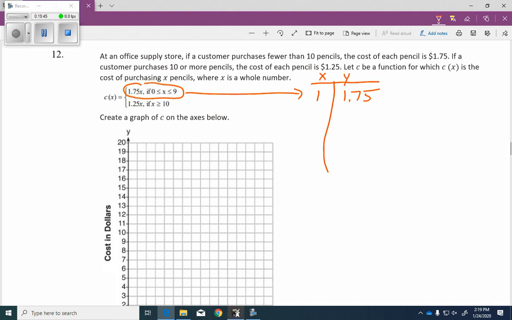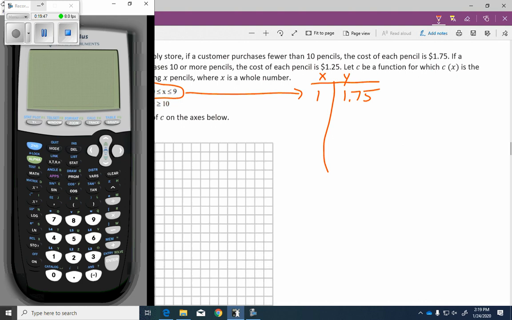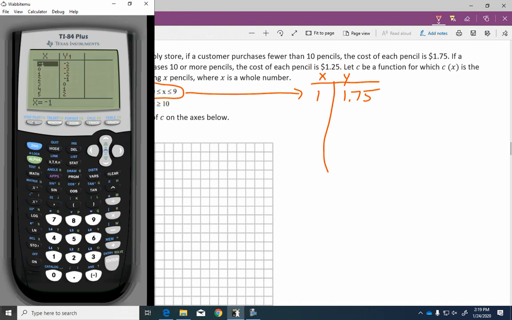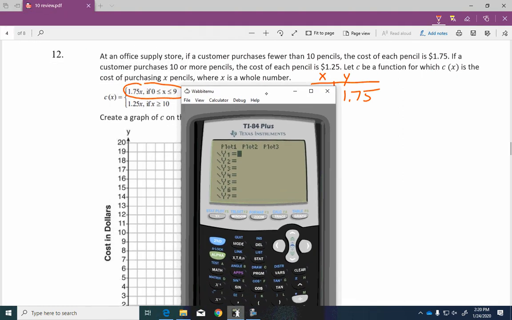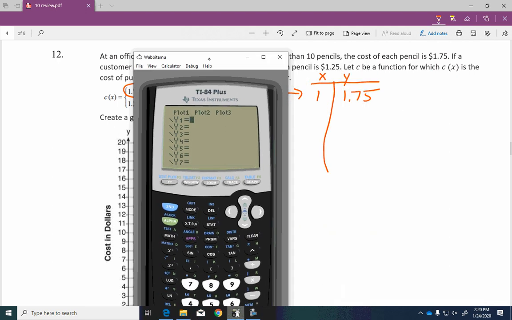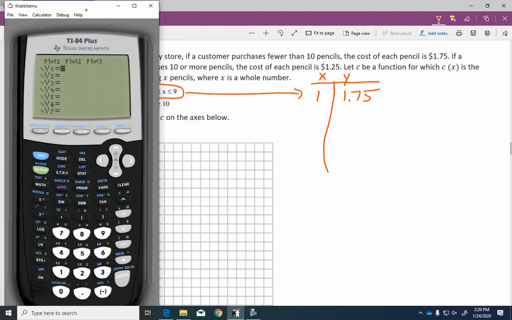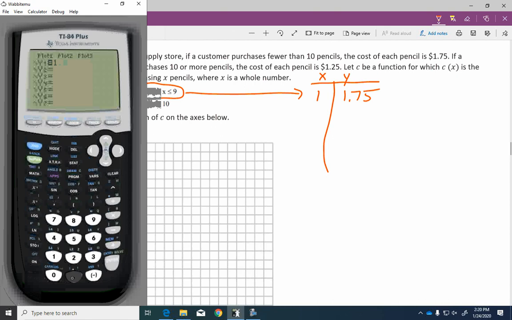So we'll do that one more time. Also, just in case you need some more practice, you go to your y equals button. I'm going to clear out what I have in there, and I enter the function. The function is 1.75x. And you can look at your table of values by doing second function graph, and I can then just copy the information.